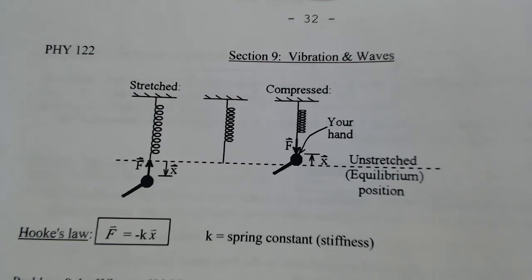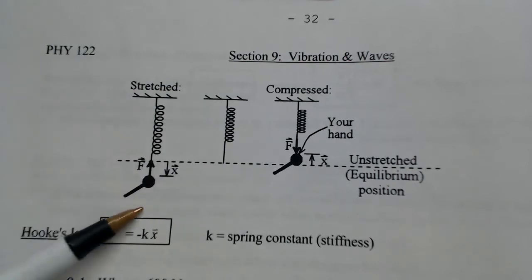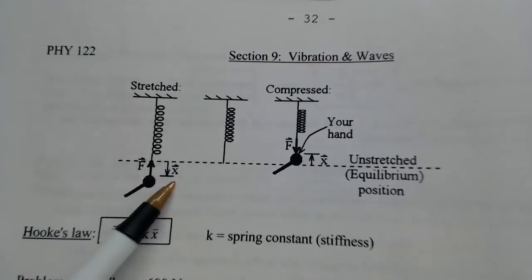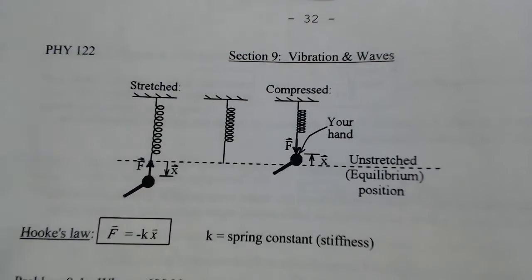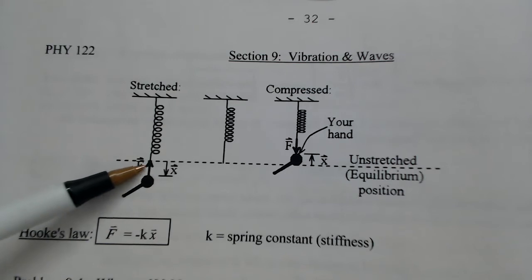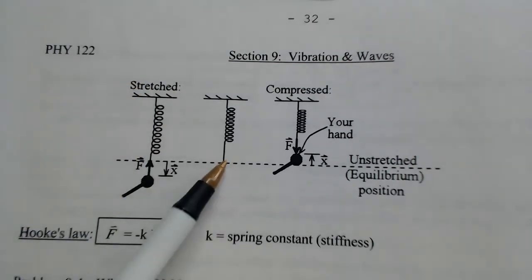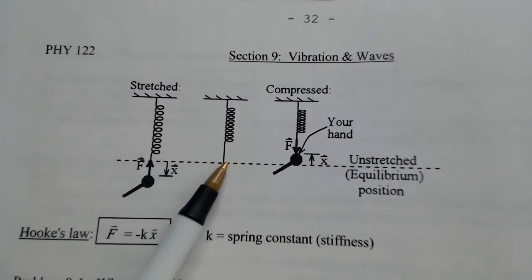So here at the top of the page, we have this little black thing down here on the end of a stick. That's supposed to be somebody's hand. As you maybe heard me say before, there's a reason I was a physics major, not an art major. So you grab hold of the end of the spring, and in the middle picture here, that's the undisturbed length of the spring.